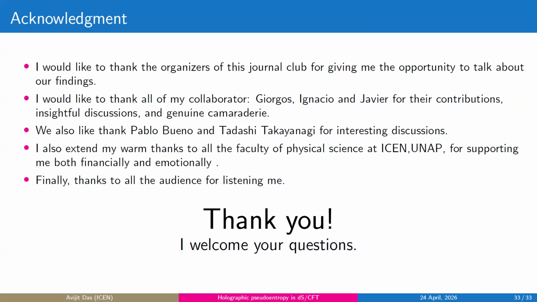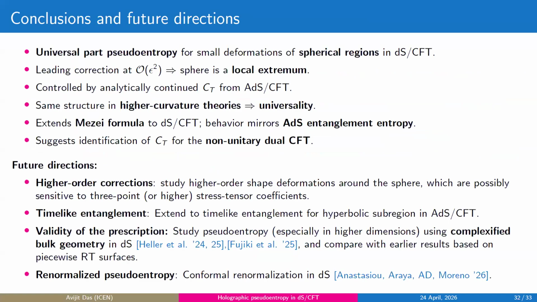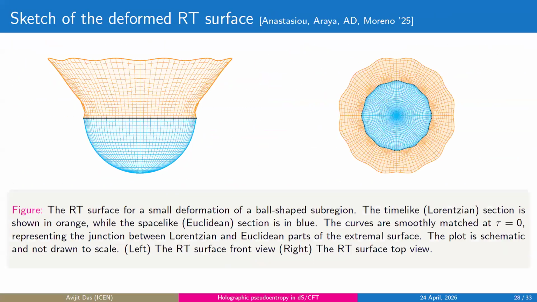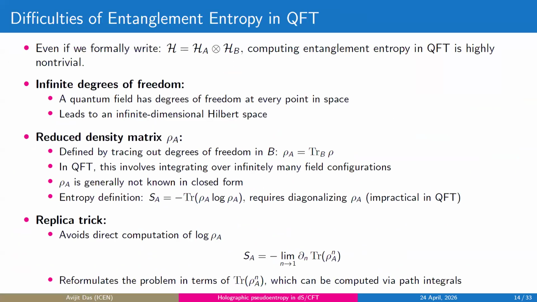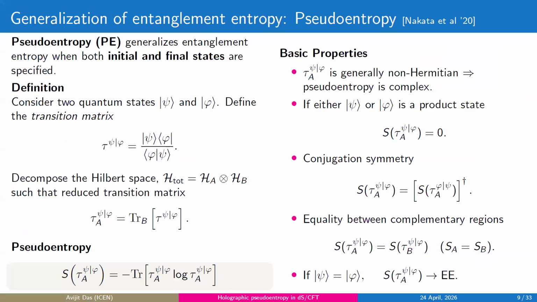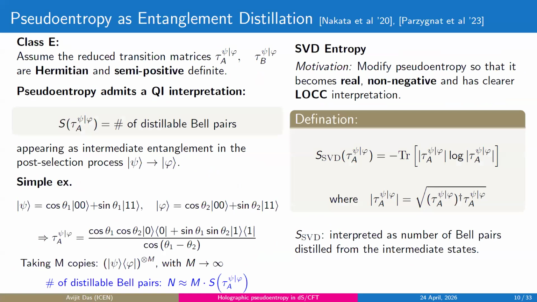You mentioned, when you were defining the pseudoentropy in terms of the reduced transition matrix, that of course the interpretation in terms of distillable Bell pairs doesn't apply when the matrix is non-Hermitian, right? But what about the case where the eigenvalues are negative? To have a nice interpretation in terms of distillable pairs, you require it to be Hermitian and semi-positive definite.